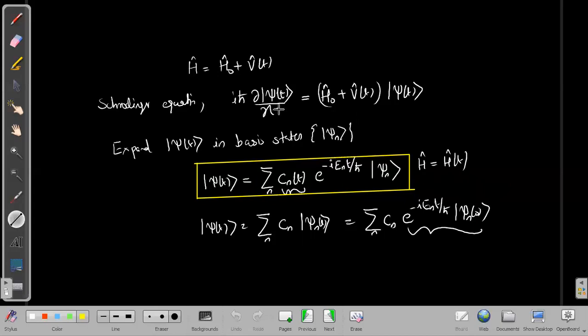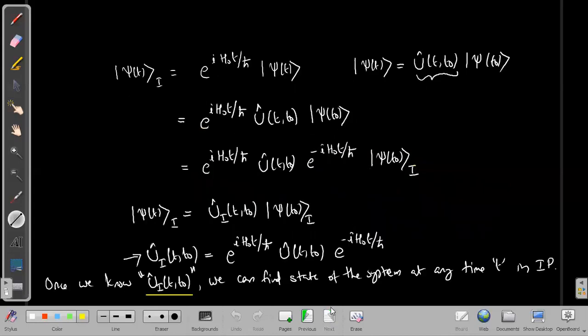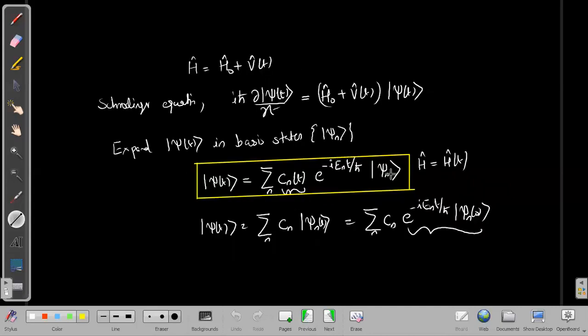First, I have just expanded psi of t, and we can write psi of t as c n of t e raised to minus i E n t by h cross into psi n, and let it be there. We will use it later.